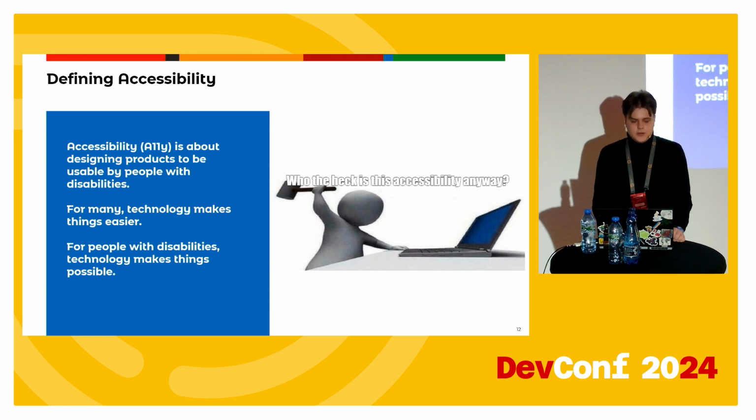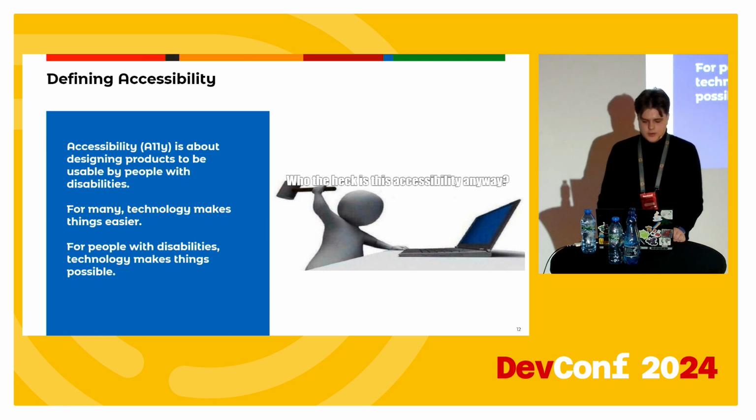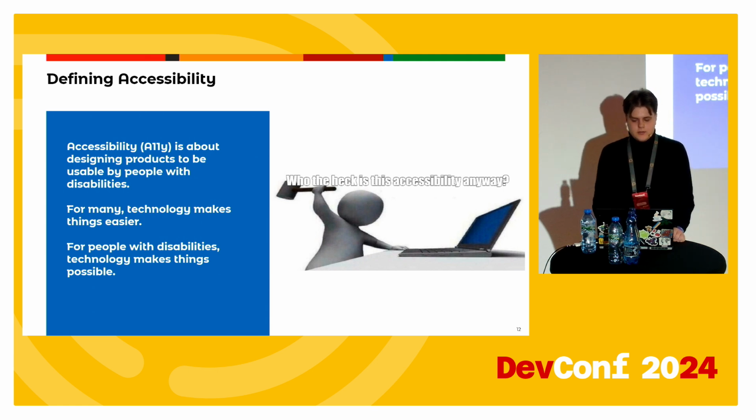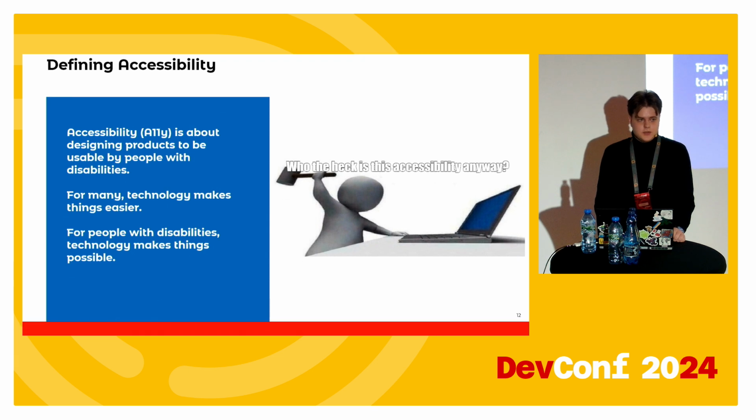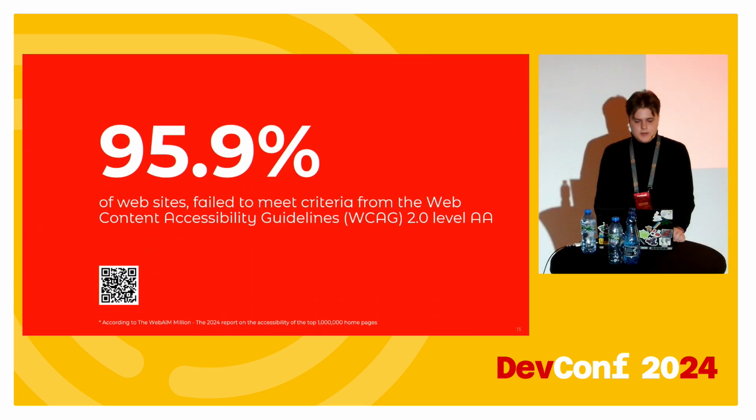Accessibility ensures that content, services, and apps are designed to be usable by everyone, regardless of their physical or cognitive abilities. In short, disability refers to limitation in interacting with the environment, and accessibility is about removing those limitations.